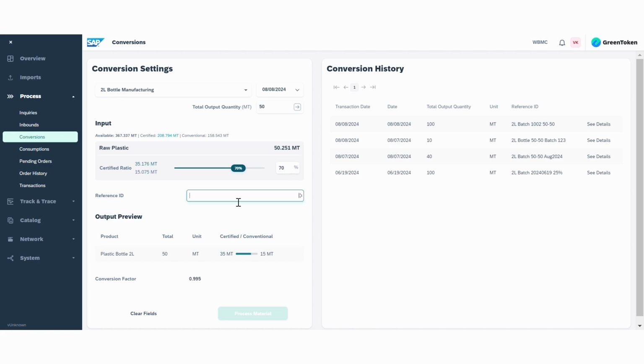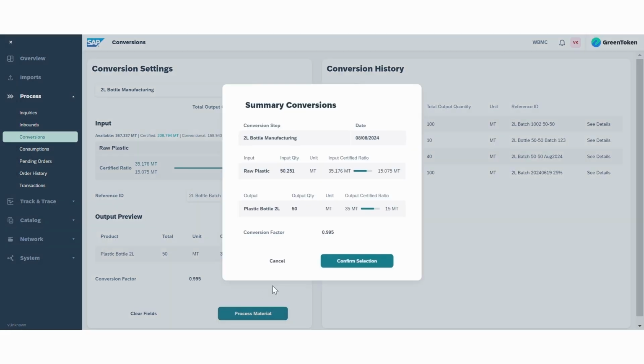Let's give this a new ID. So let's say this is the 2-liter bottle batch with a 70-30 ratio. Let's give it a unique number. At the bottom, we can see a preview. Once we click on the process material button, we get a quick summary of what's going to happen.